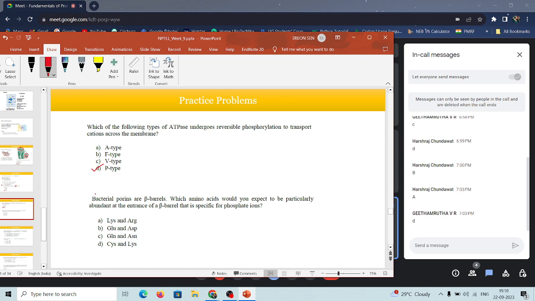Bacterial porins are beta barrels. Which amino acid would you expect to be particularly abundant at the entrance of a beta barrel that is specific for phosphatidyls?